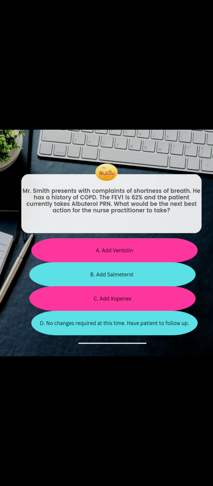Okay, so are we going to add Ventolin, add Salmeterol, add Xopenex, or D, no changes required at this time, to have the patient follow up? You can go ahead and eliminate D, because we need to do something here. But what does this tell you? They have a history of COPD. And when we look at that FEV1, you want to be sure that you're able to identify the criteria of where they fall.